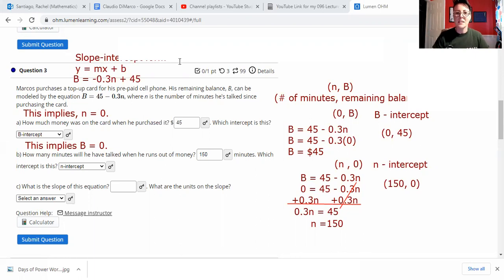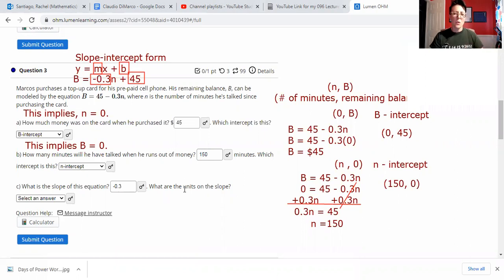Notice that that means that our slope is negative 0.3. And also notice that my y-intercept, or in this case, the b-intercept, is a positive 45, which we had. We found this. We already did the math. We're proving that we know what we're talking about. So just from looking at this equation itself, we can say, well, I know the slope. The slope is negative 0.3 because that's what I was provided.